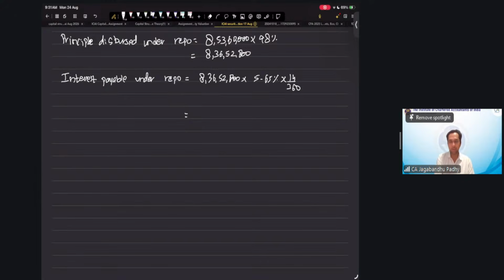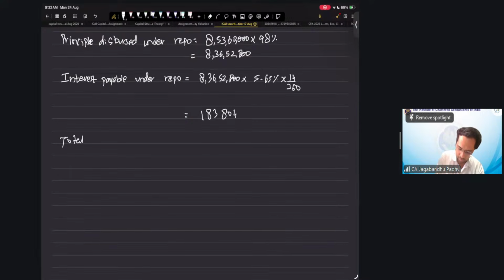How much is the interest payable under repo? What is the amount of interest payable under repo, guys? Interest that will be paid under repo: this into 5.65% into 14 divided by 360. It's 1 crore 83 lakh 804.